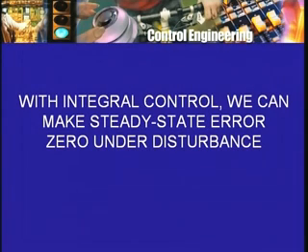So for a type 0 control system with proportional control with disturbance, we may have non-zero steady state error, but with integral control we may be able to reduce or make the steady state error 0, but we will have to look at the transient performance.